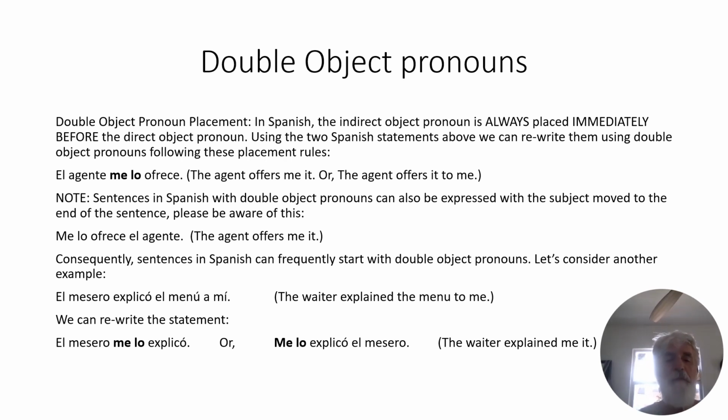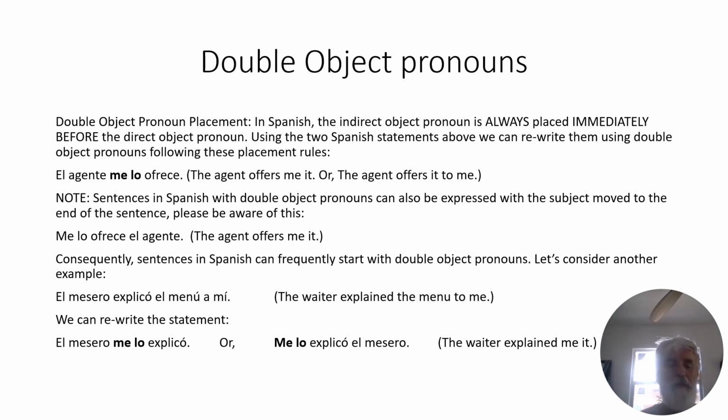Now, here's an important thing just to note. Sentences in Spanish with double object pronouns can also be expressed with the subject moved to the end of the sentence. Just be aware of this. So I could say, the agent offers me it, okay? El agente me lo ofrece. Or I could say, me lo ofrece el agente. And you'll often hear it that way.